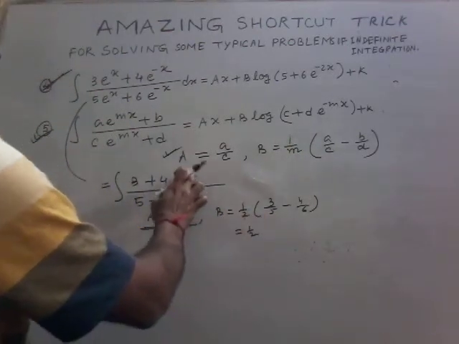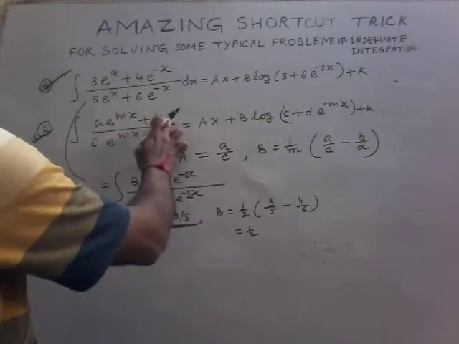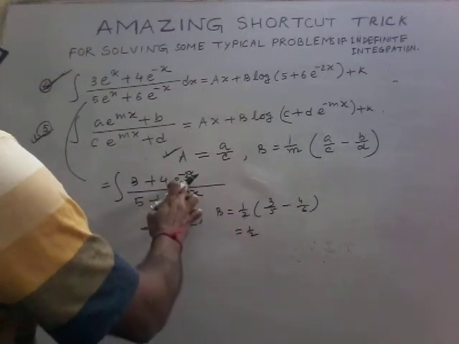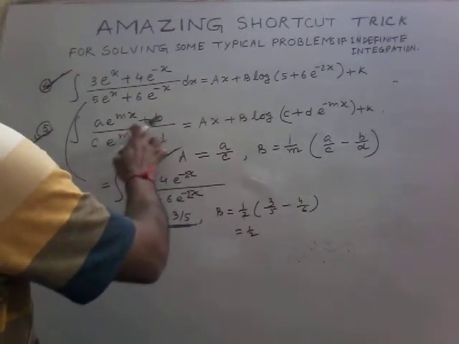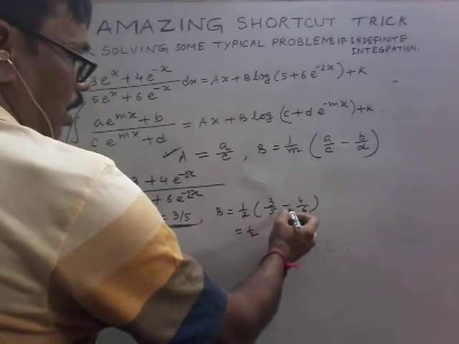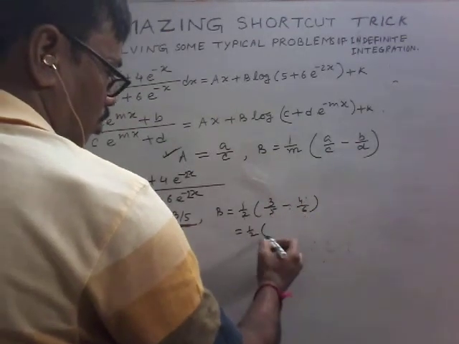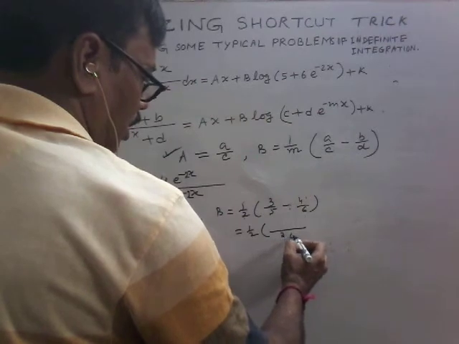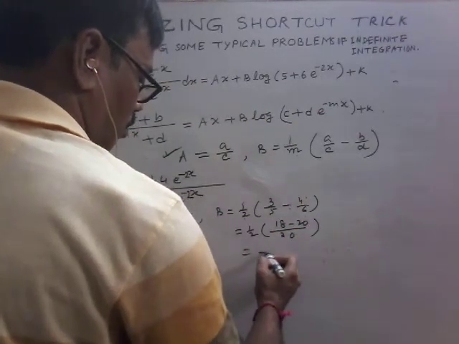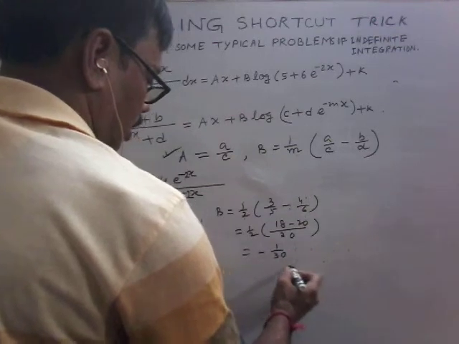We do not consider this m, this is our original problem. So m is half, not minus 2. So this one: 3 by 5 minus 4 by 6, so half into (18 minus 20) by 30, so minus 1 by 30.